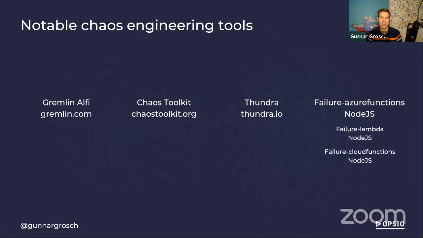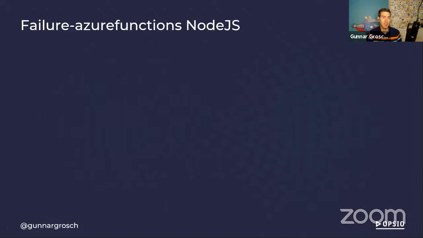It has some siblings as well, one called Failure Lambda and one called Failure Cloud Functions for the GCP users out there. And that is the tool we're going to use in our experiment today. So let's look at how it works.